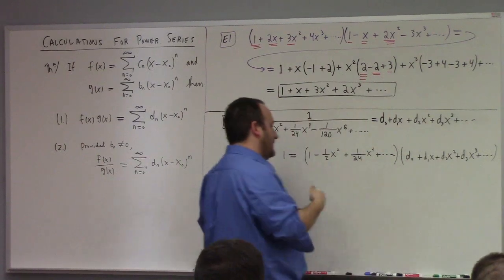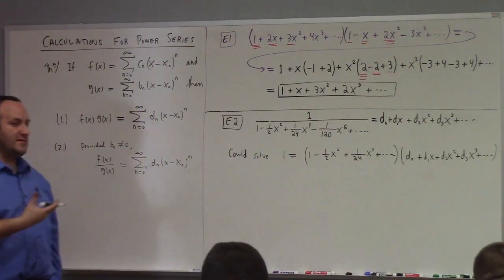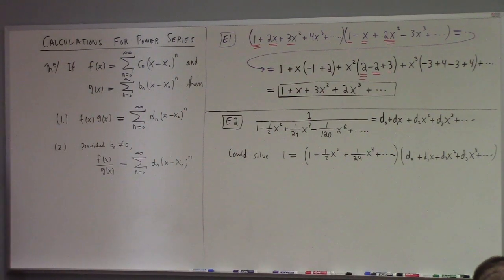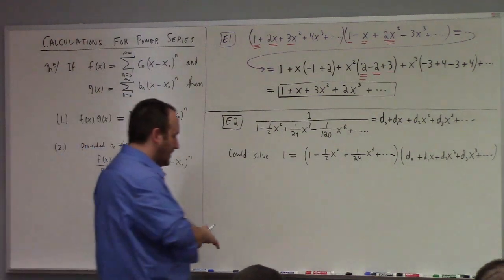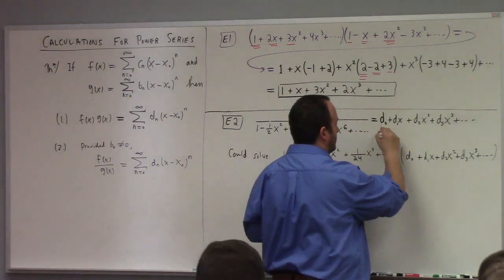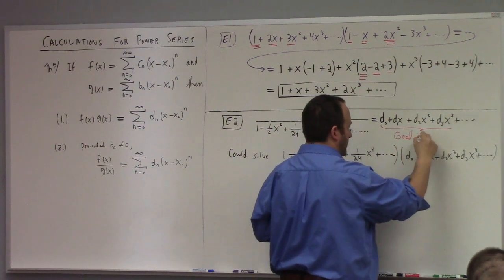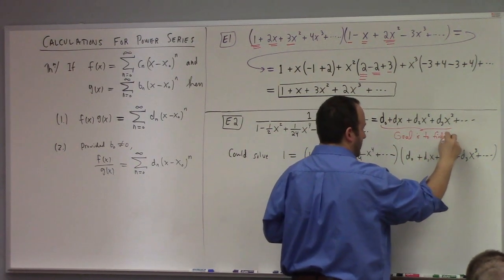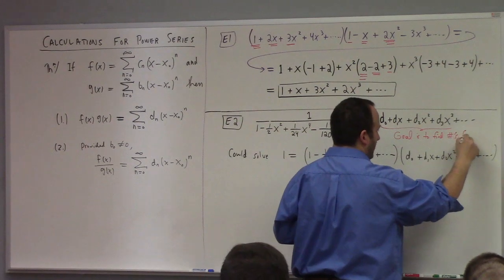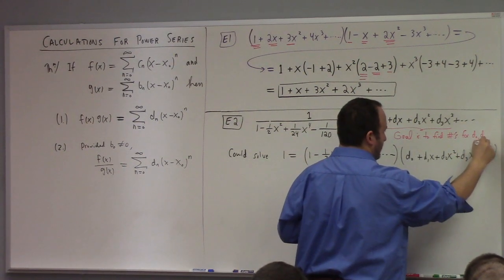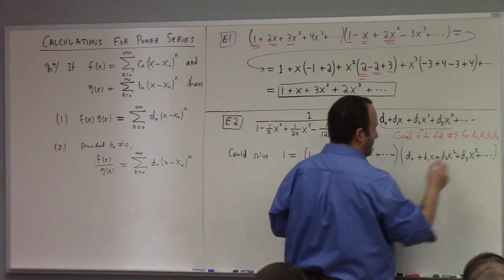If I could figure out what values I need for d0, d1, d2, and d3, I would have solved the problem. Our goal is to find numbers for d0, d1, d2, and d3, okay?